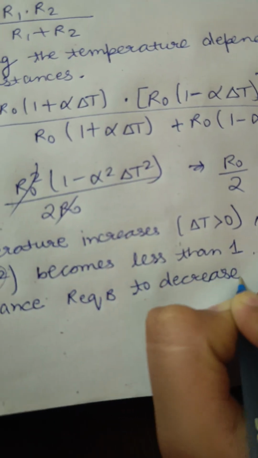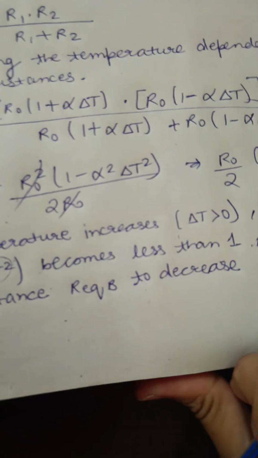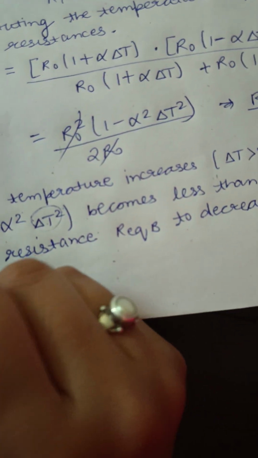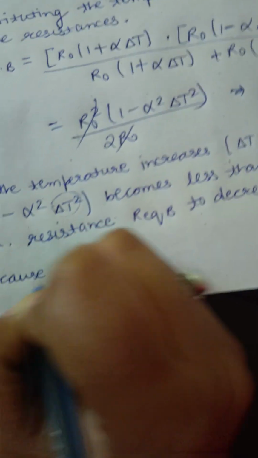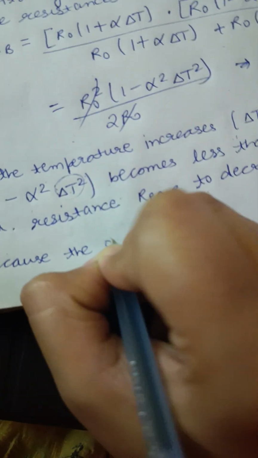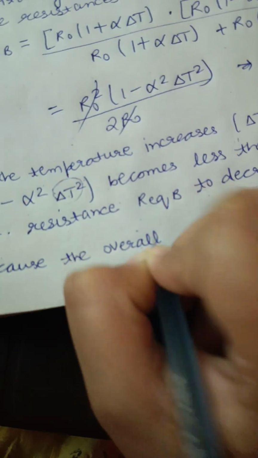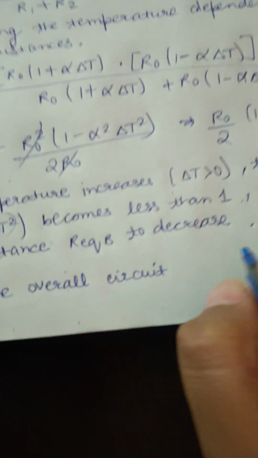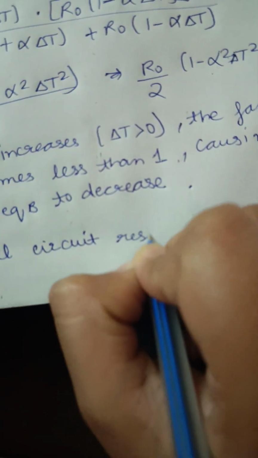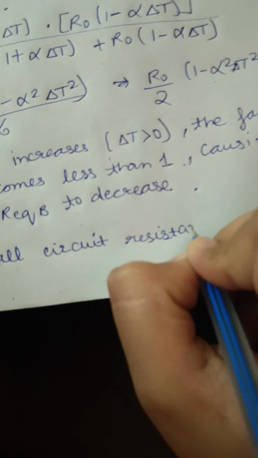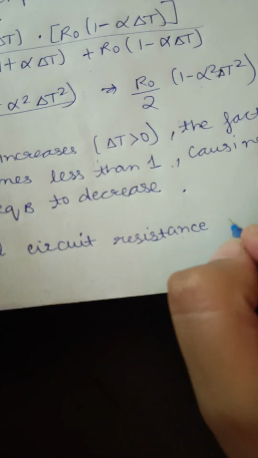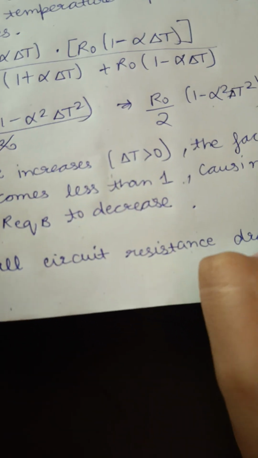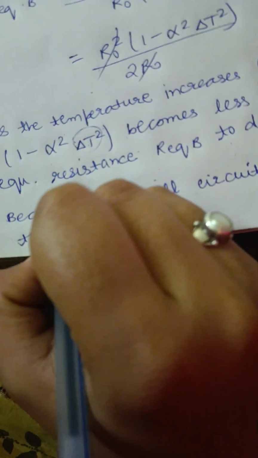Because the overall circuit resistance drops, the current is increasing.